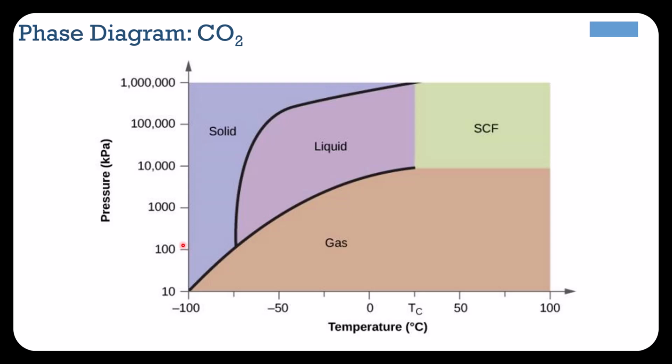So if we're looking at the phase diagram for carbon dioxide, typical standard pressure is somewhere down here, right? So if I look at the phase diagram for carbon dioxide and I come here at standard pressure, we never go through the liquid phase. So we go straight from a solid to a gas or a gas to a solid. It never enters that liquid phase.